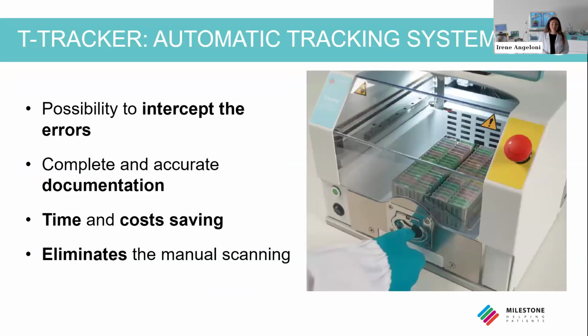By automating these processes through a tracking solution, instead, the laboratory can increase the efficiency and reduce the risk of errors, and have also a complete and accurate documentation. So I think that pathology labs need a built-in solution that is faster, that is accurate, that automatically provides sample tracking from the start to the finish of the step.